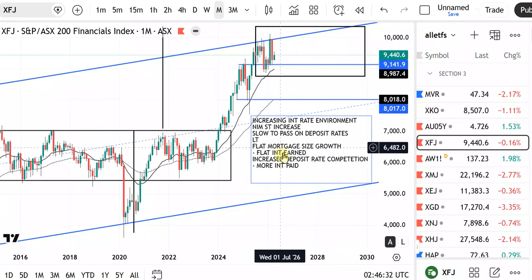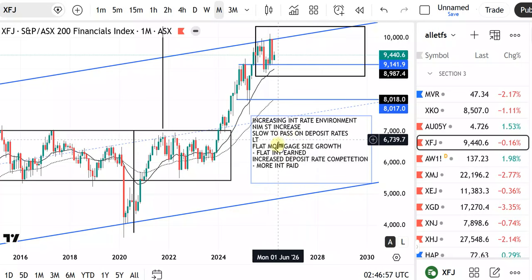But in the long term, the Rooster can see flat mortgage size growth. So we've got housing prices peaking in some states. Some states are going higher, but it's run pretty hard, and with higher interest rates, people's ability to borrow is going to slow down.